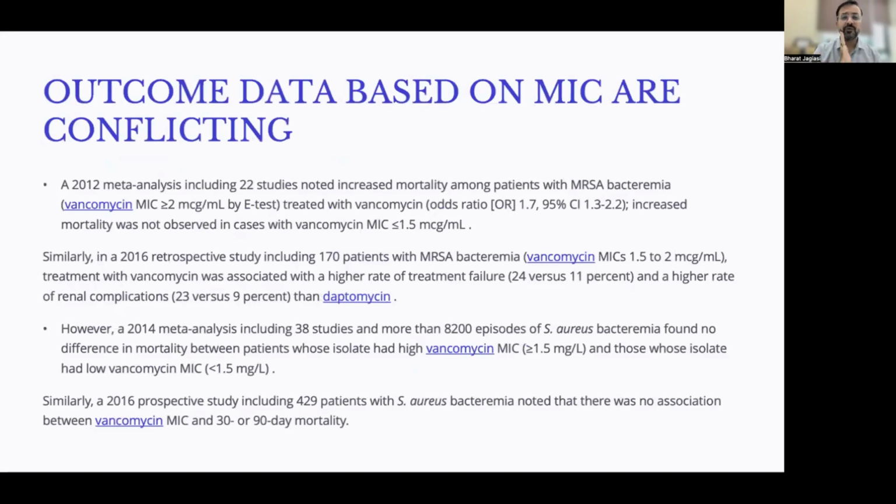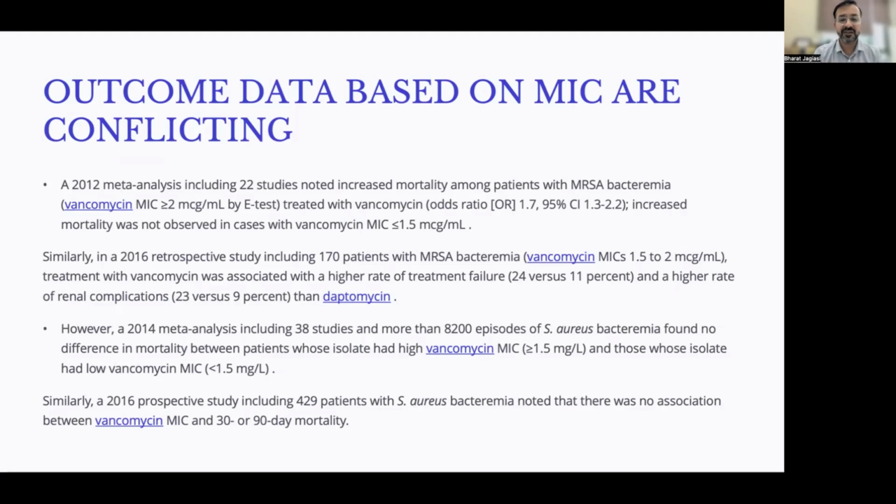As far as vancomycin is concerned, there's very heterogeneous data. We look at a meta-analysis in 2012, which included 22 studies. It found that in patients with MRSA bacteremia treated with vancomycin, an increase in mortality was not observed in cases with MIC less than 1.5.